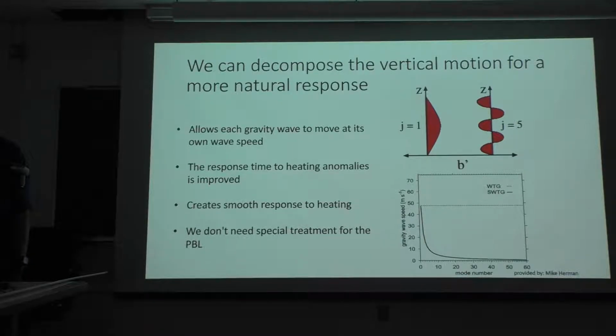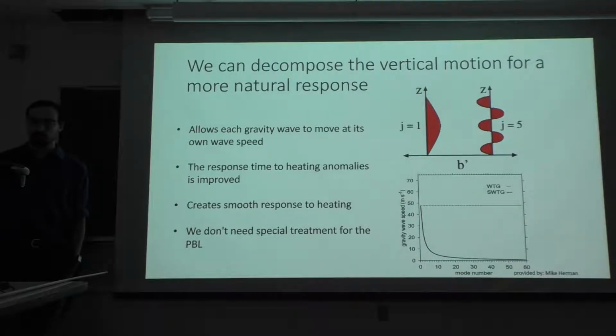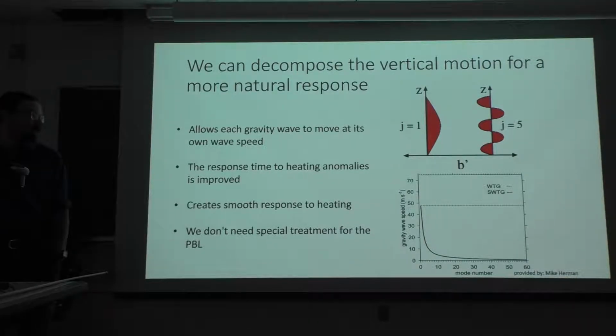And another benefit is we don't need special treatment for the boundary layer. Normally, we would, because the boundary layer acts as a constant large source of heat, the WTG doesn't act quickly enough to remove the heating anomalies, and so we have to have a special treatment there.